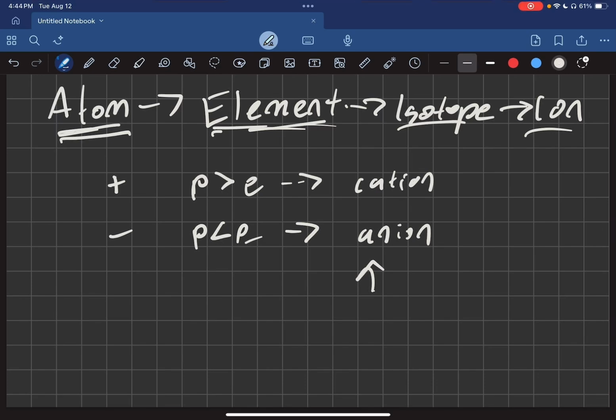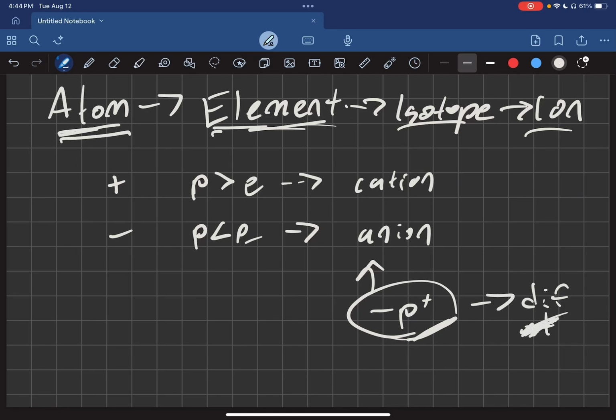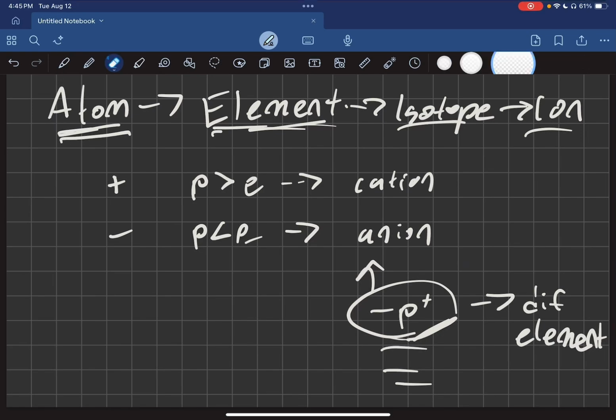Because you might think, oh, you could also become negative by losing protons. But remember, if you lose a proton, you're going to turn into a different element, because remember, an element is defined by the number of protons. So if you have a different number of protons, you're not the same element anymore. So you won't be an ion of that element. You'll be a different element.